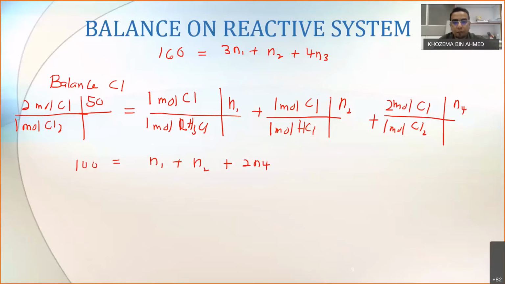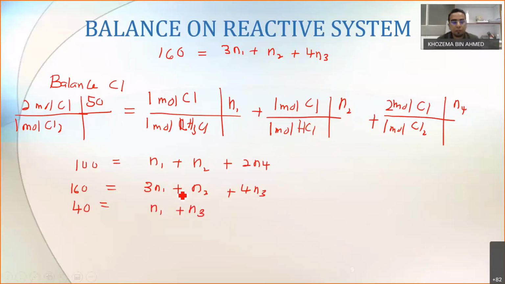So we have 3 equations now. If I were to write again all the equations, 160 is equal to 3N1 plus N2 plus 4N3. And the first equation was 40 is equal to N1 plus N3.